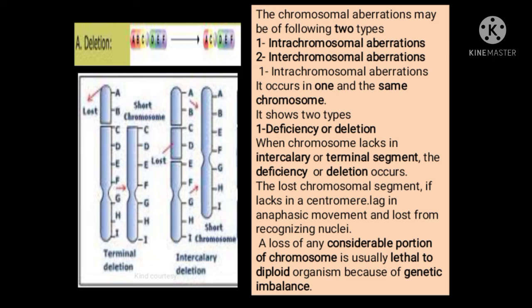The lost chromosomal segment, if it lacks a centromere, lags in anaphasic movements and is lost from the reorganizing nucleus. A loss of any considerable portion of a chromosome is usually lethal to diploid organisms because of genetic imbalance.